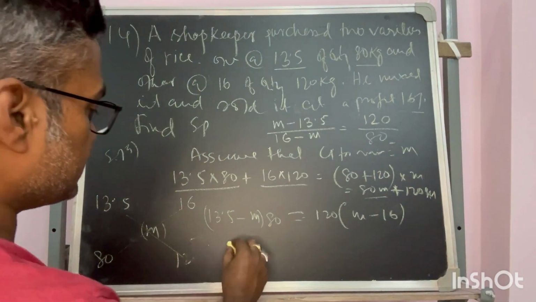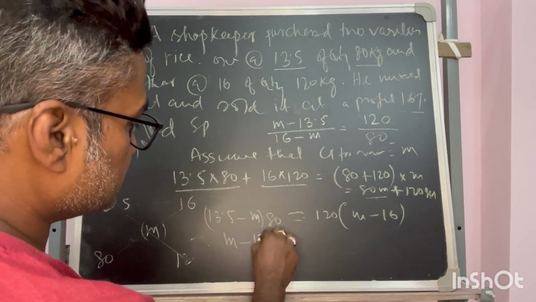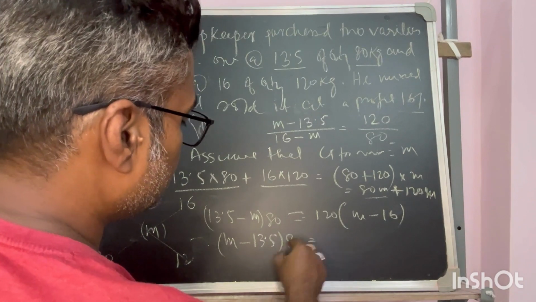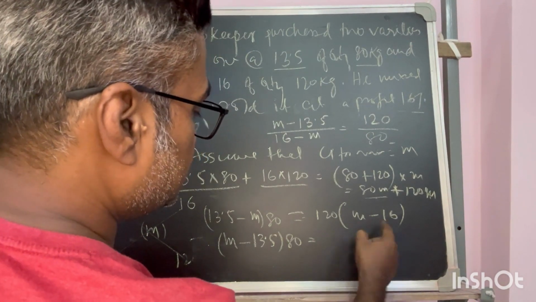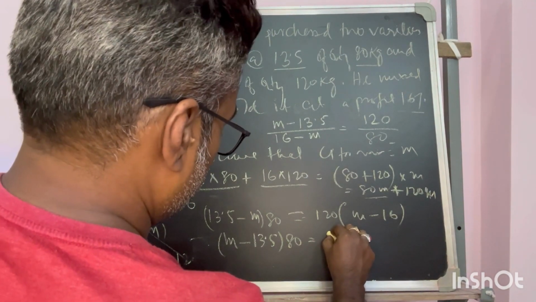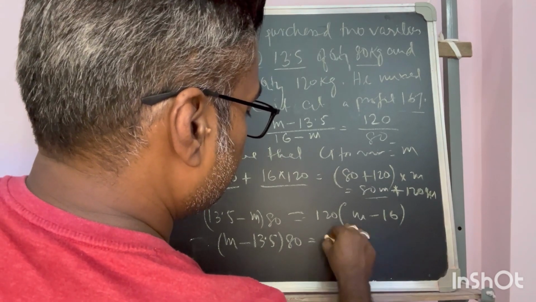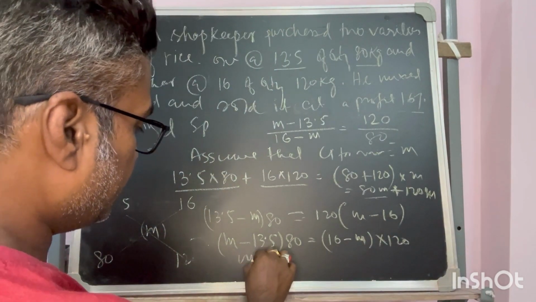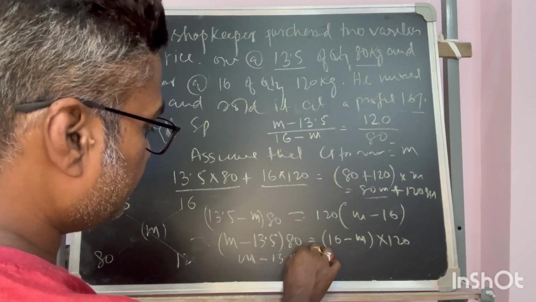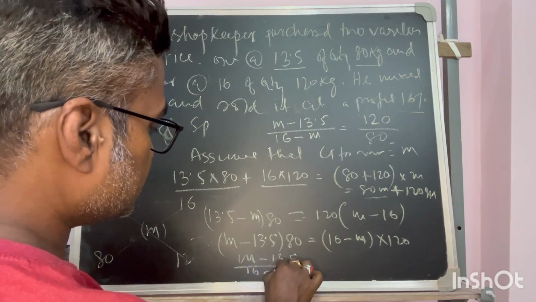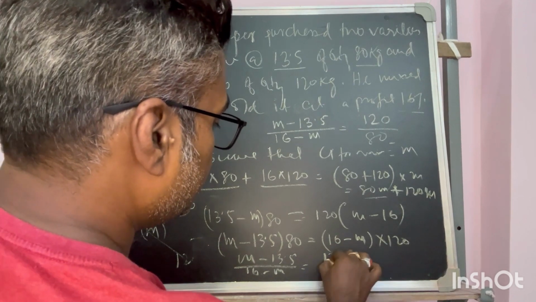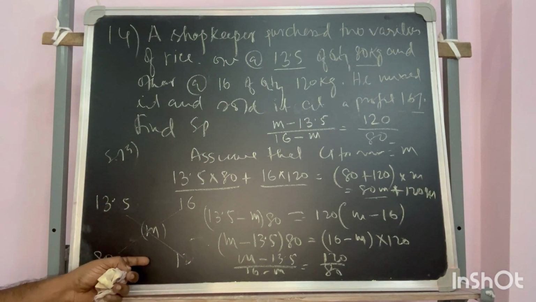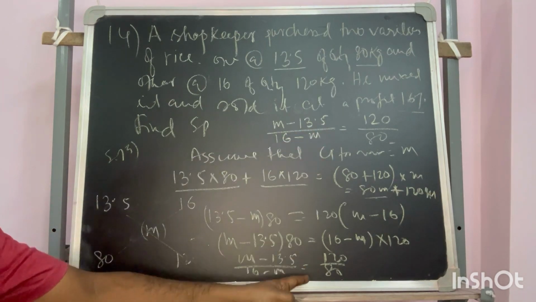Now if we reverse that, m, as it is the median, must be more than 13.5 and less than 16. So that can be reversed and written like that. Now m minus 13.5 divided by 16 minus m is equal to 120 by 80. So you can see that this form is the same as this one.